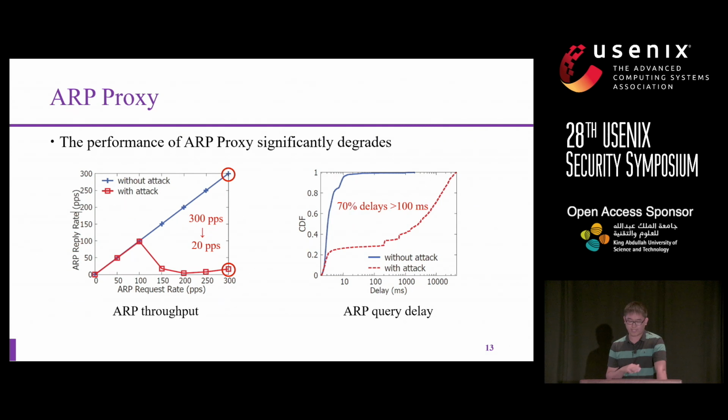Our attack can significantly decrease the performance of the ARP Proxy. The left figure shows that the ARP throughput significantly decreases when the ARP request rate achieves 300 packets per second. It drops from 3,000 to 20. And the right figure shows that most ARP query delays remarkably increase with the attack.